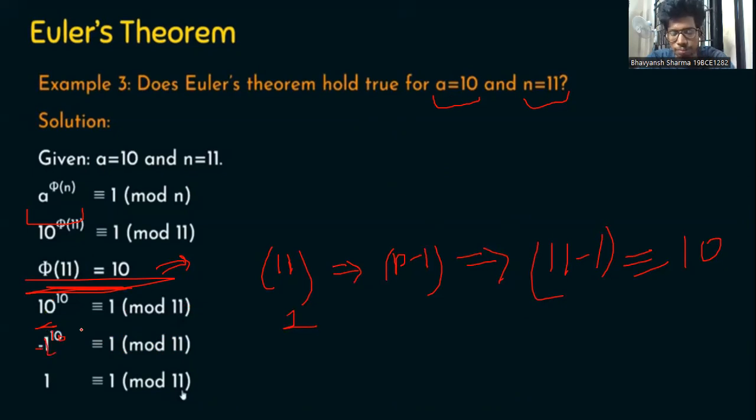Since 10 is an even power, minus 1 is multiplied an even number of times, which makes it positive. So we get positive 1. Now positive 1 modulus 11 is nothing but 1. Hence it is following Euler's theorem.